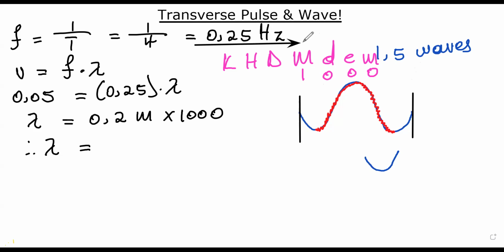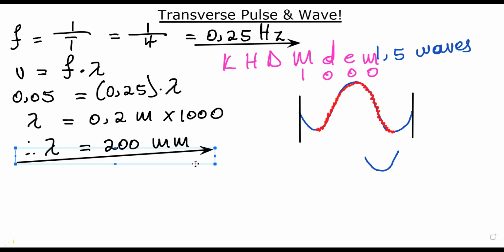And we want to move from something that is big to something that is small. So we multiply. That's fine. So if you say 0.2 times 1,000, you get 200 millimeters.